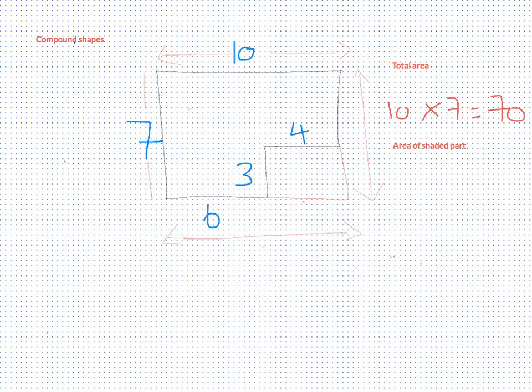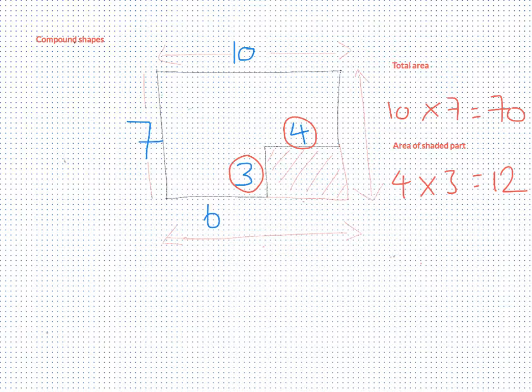So let's just shade that for completeness, this section here. Now before we can find the area of that shaded section, we've got to figure out the dimensions, and actually we have the dimensions. It's a side of 3 and 4, so it's a 4 by 3 shape. So we'll find the area by saying it's 4 multiplied by 3, which is equal to 12 square units.